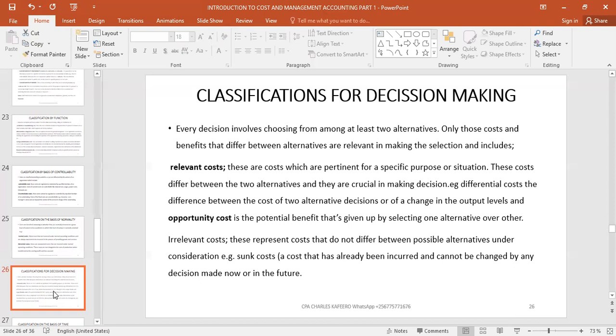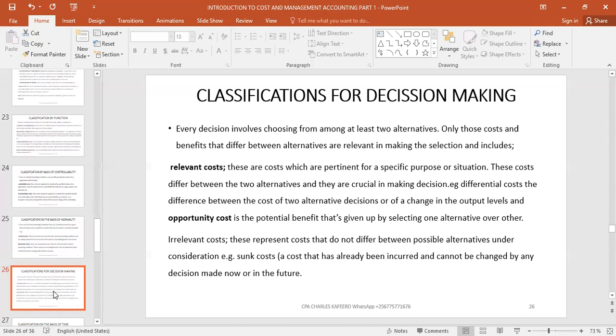Then the other one, we have the relevant costs. These are costs which are pertinent for a specific purpose or situation. These costs differ between the two alternatives, and they are crucial in making decisions.